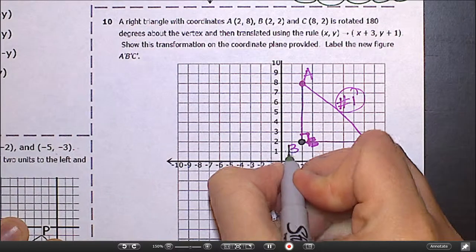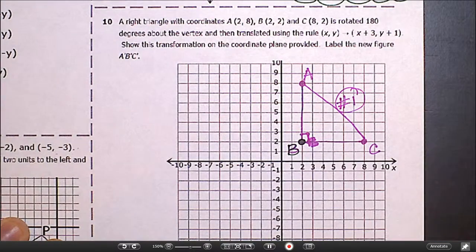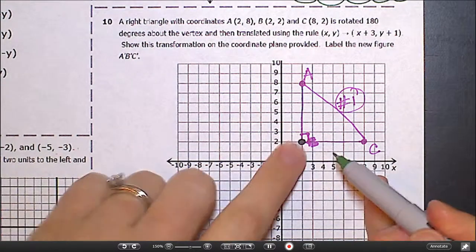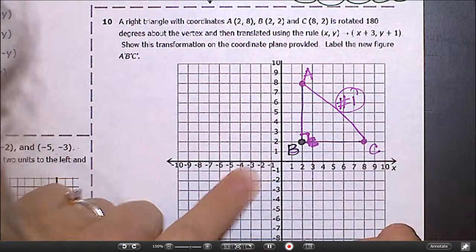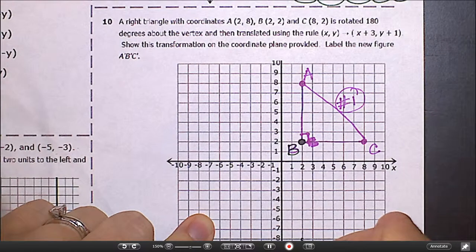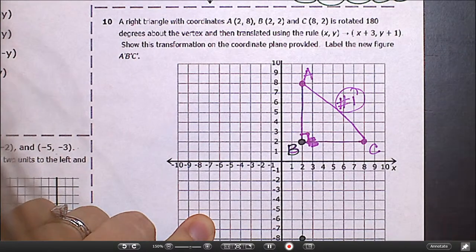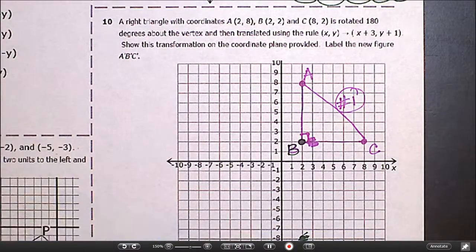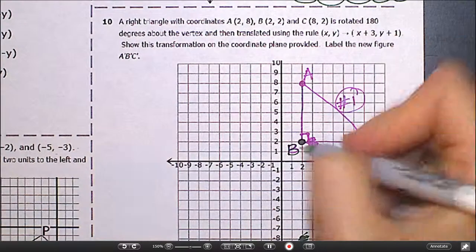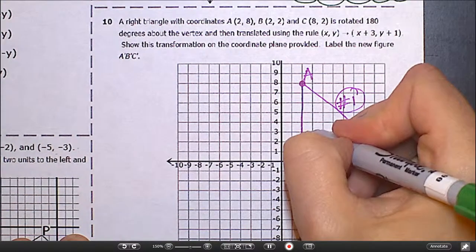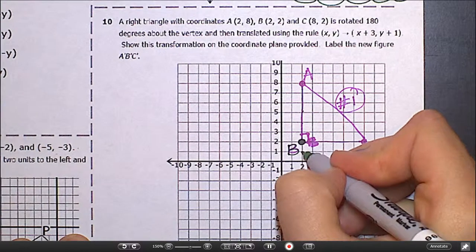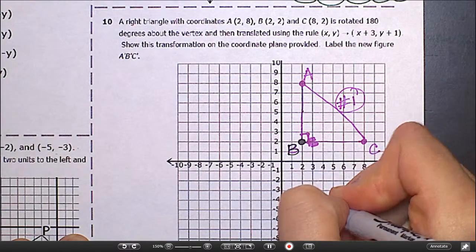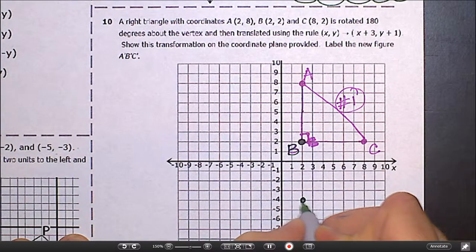So this is still B. But then if I spin it a half circle, then A is going to end up down here. A is going to end up 1, 2, 3, 4, 5, 6 down from B. This is our A.